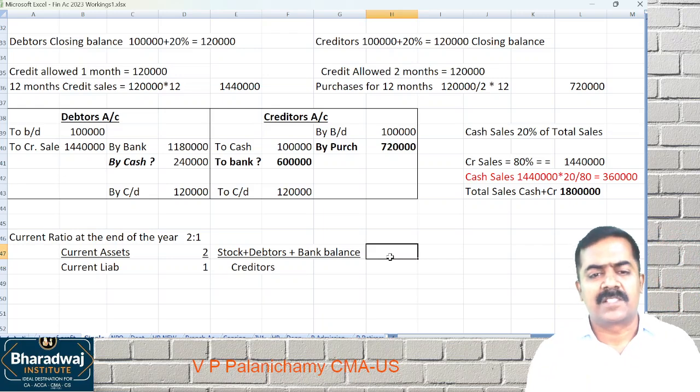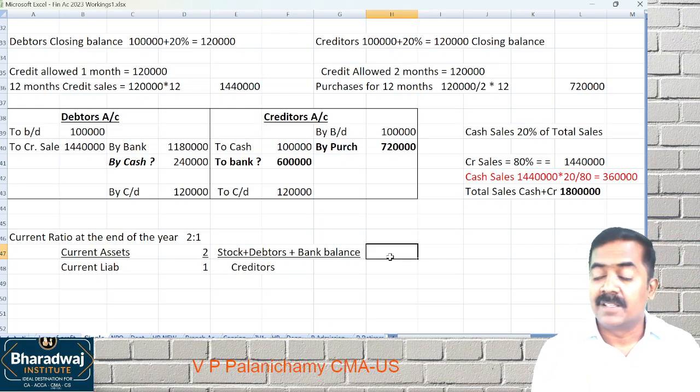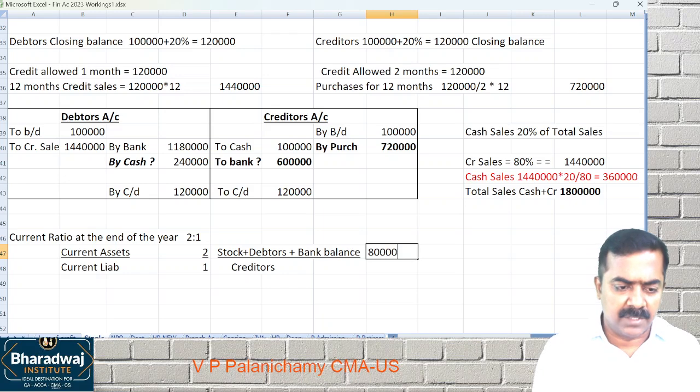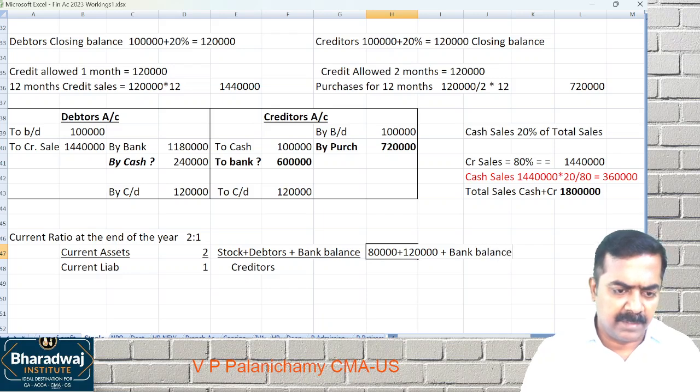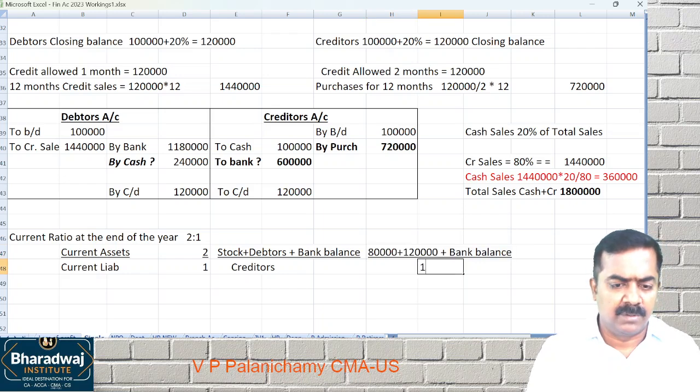So stock, closing stock, we know. What is the closing stock? Same level னு சொல்லிட்டான், 80,000. Debtors closing balance 1,20,000 plus bank balance தெரியாது. Divided by creditors 1,20,000. This is equal to 2:1.